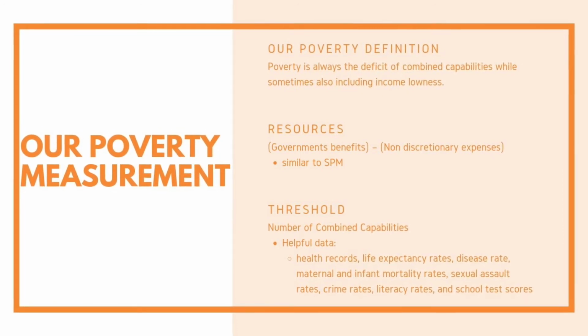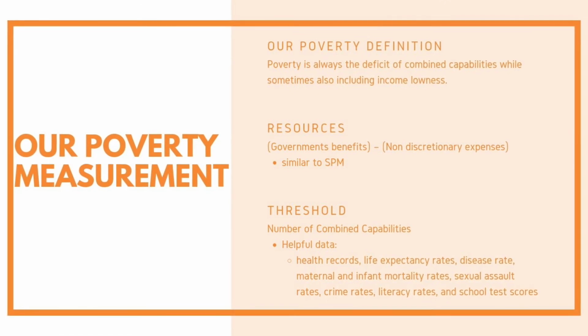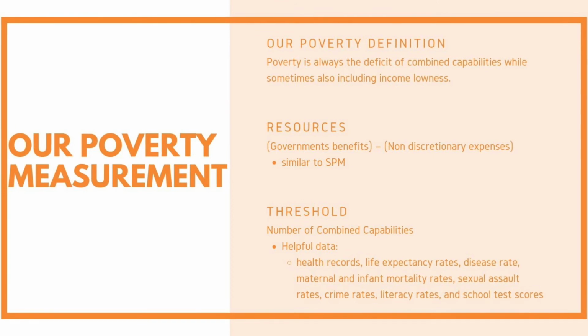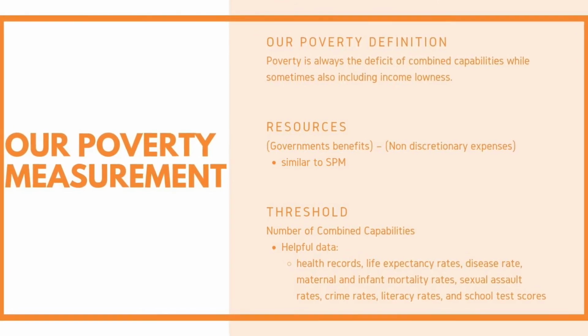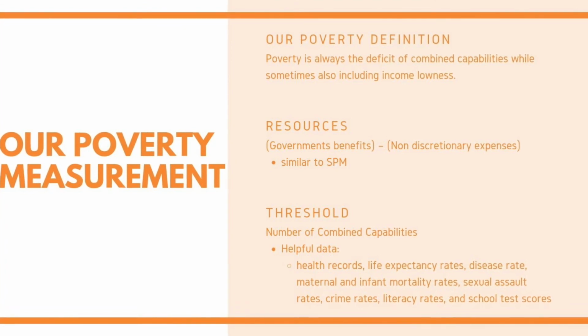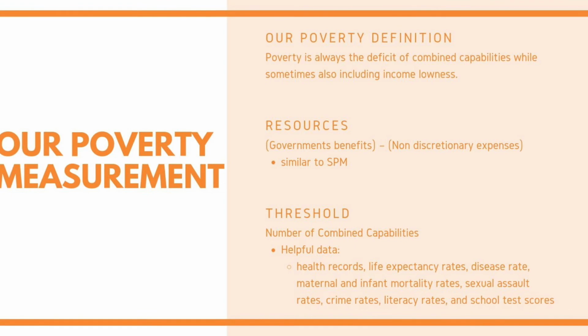Additionally, we are measuring people's combined capabilities by looking at data such as health records, life expectancy rates, disease rates, maternal and infant mortality rates, sexual assault rates, crime rates, literacy rates, and school test scores. People who possess these combined capabilities will be more likely to have their dignity respected.